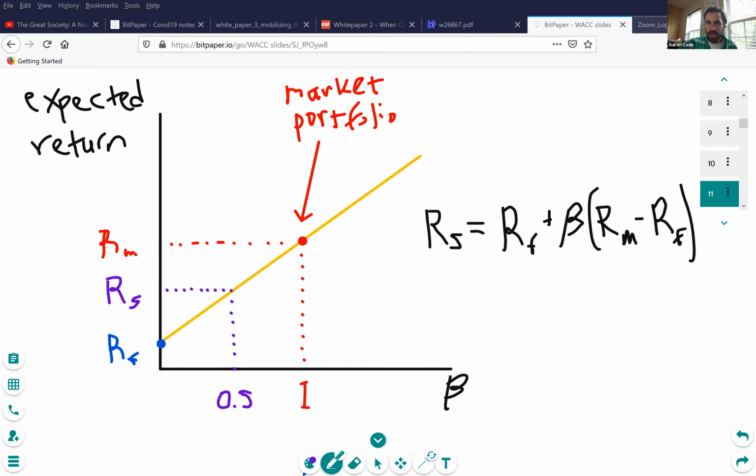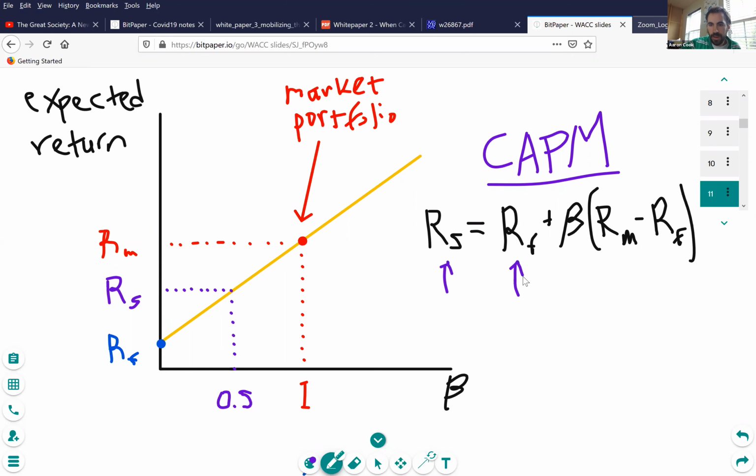So this is the basic result of the capital asset pricing model. This stuff on the right-hand side is the capital asset pricing model. The return on an individual stock is equal to the risk-free rate of return plus beta times the market premium.